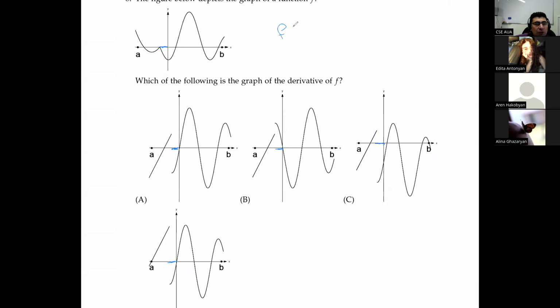So do you agree that f(x) is decreasing from some minus delta to 0? On the left side of 0, the function is decreasing. If the function is decreasing, that means our derivative should be negative.